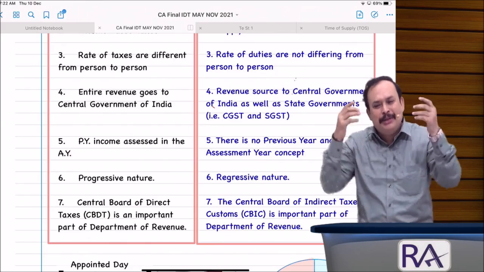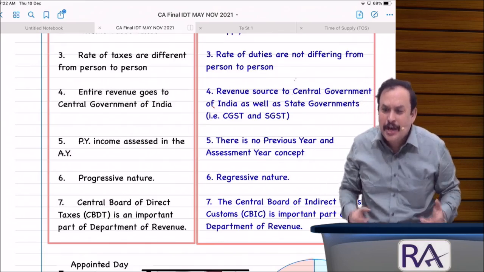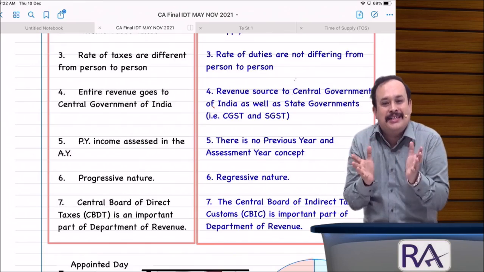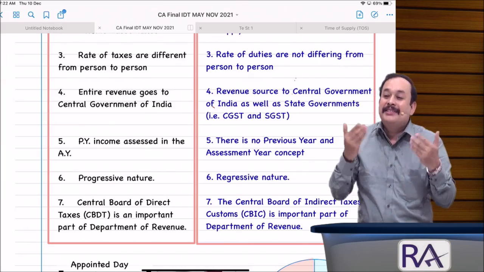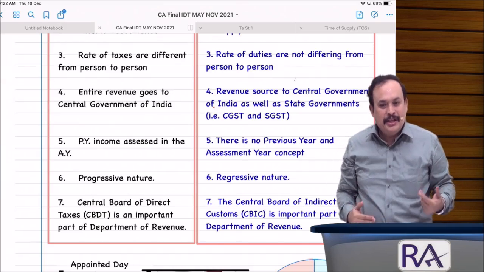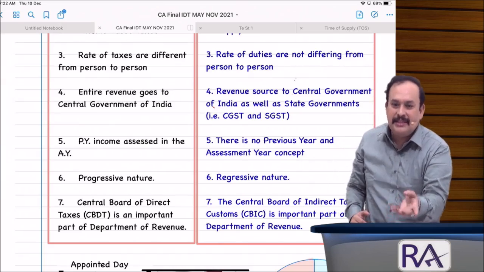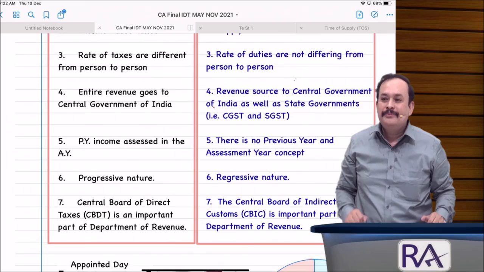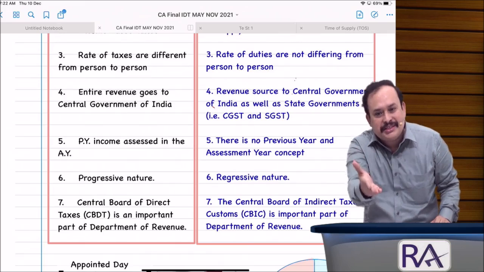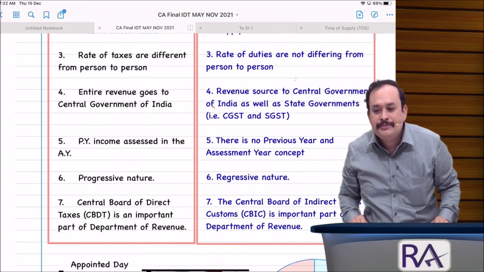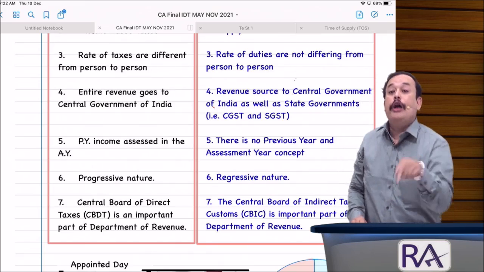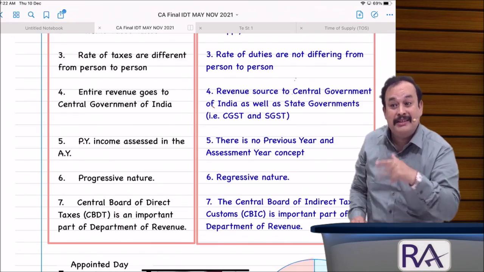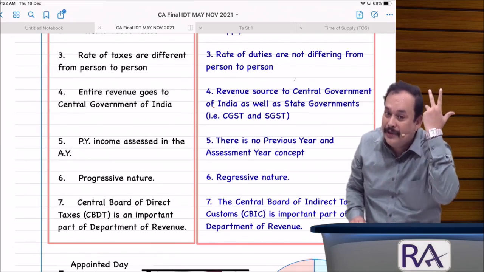The foundation of indirect taxes is basically sharing the taxes with the states by the Centre. CGST is central government revenue, SGST is state government revenue, UTGST is union territory revenue. Somebody used to argue with me, sir, that IGST, integrated goods and services tax, levied on interstate supply, is revenue of the Government of India.